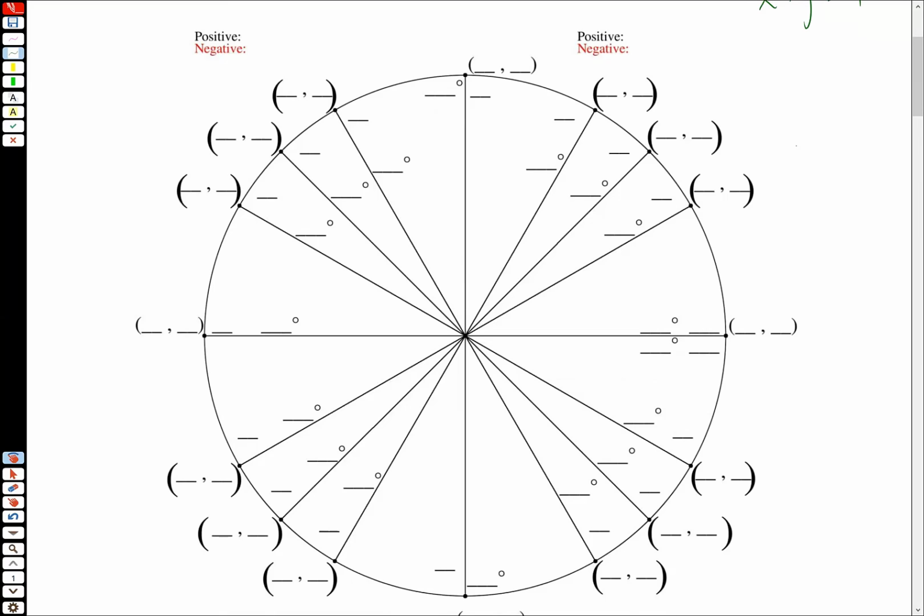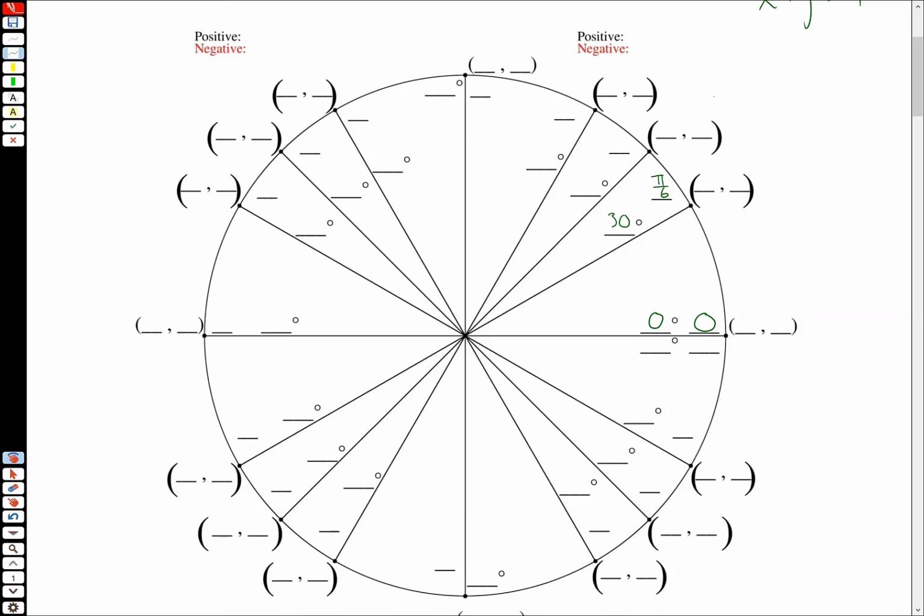The unit circle, right here on the x-axis, starts at 0 degrees. And what is 0 degrees in radians? That's just 0. Now each big jump on the unit circle is 30 degrees, or, hopefully you remember your conversions, pi over 6 in radians.